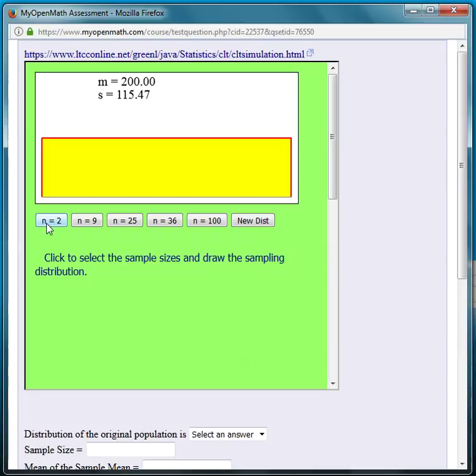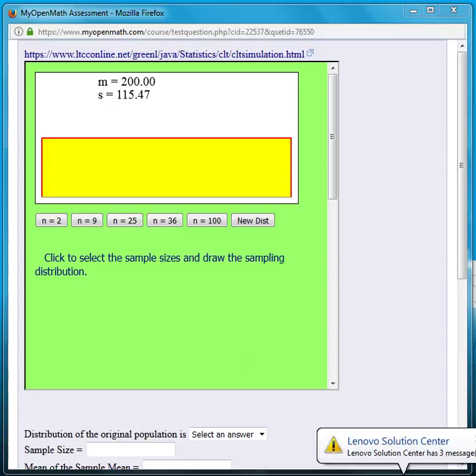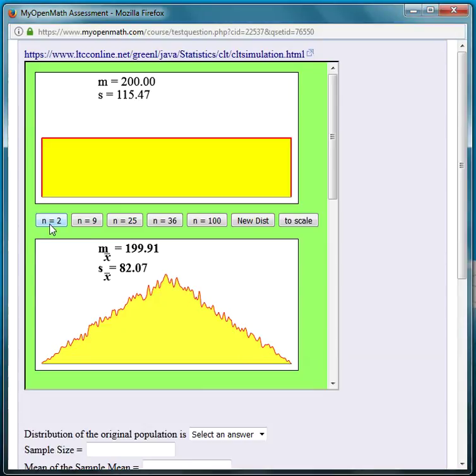We're going to repeat this process about 1,000 times, and then plot the distribution of the means I recorded. So that's what we have. Notice the distribution of the sample mean looks like a triangle or pyramid.